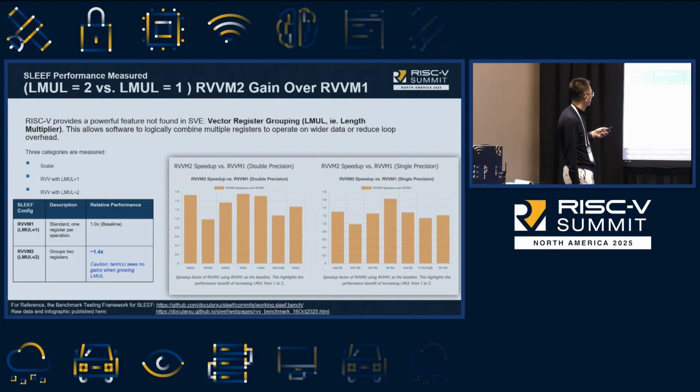SLEEF itself supports not only math libraries, it also supports some DFT functions that limit its usage of bigger LMUL. But if we only need exponential or square root, for sure we can try RVV M4 or M8.